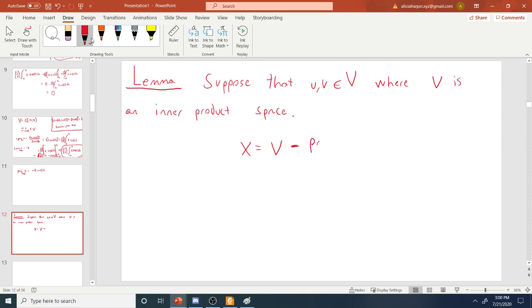minus the vector projection of v onto u. And then the other quantity is going to be y, and this is just defined to be the vector projection of v onto u. So x plus y is equal to v.